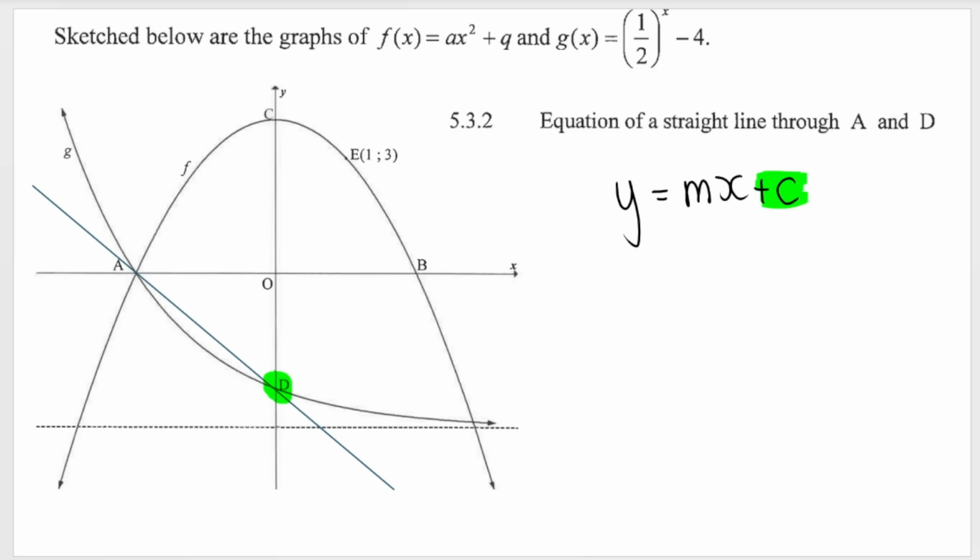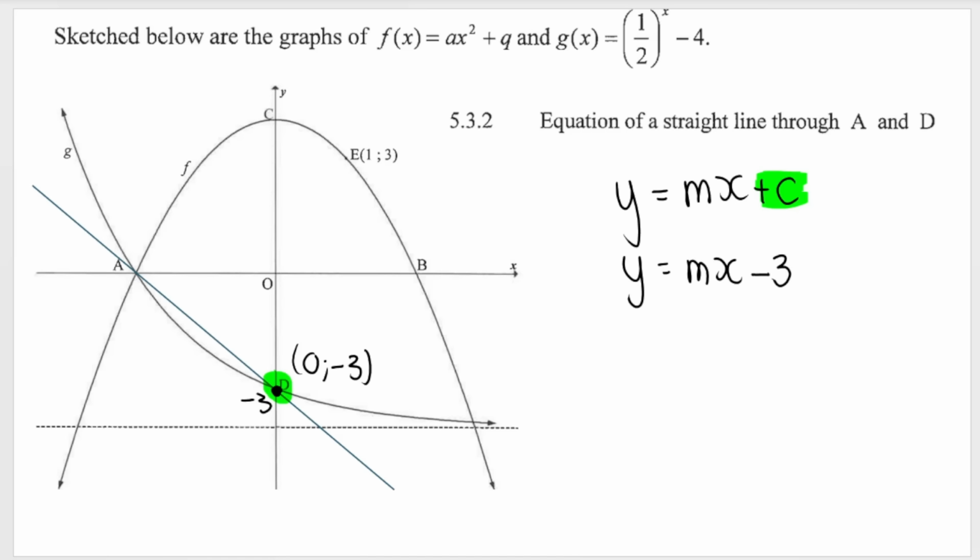And we know what D is. We just discussed that D is (0, -3). D over here, the straight line is cutting the y-axis at negative 3. So therefore your c value is negative 3. So we've got y equals mx minus 3. Now, there are different ways to find m.